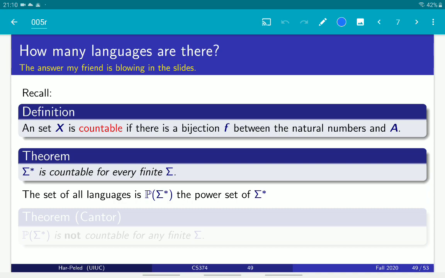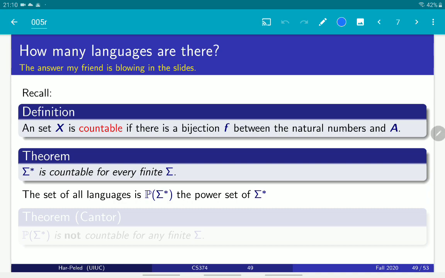Sigma star is countable, but every subset of sigma star is a language. So we are looking at the power set of sigma star, and the power set of a countable set is not countable. This is Cantor's theorem. So let's go through it a bit more carefully.